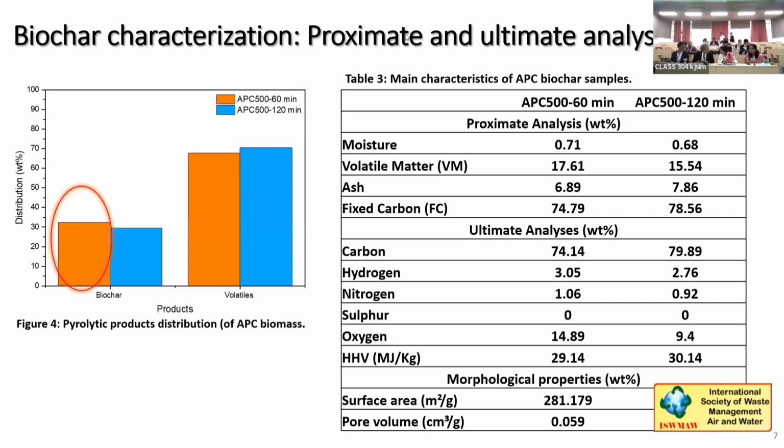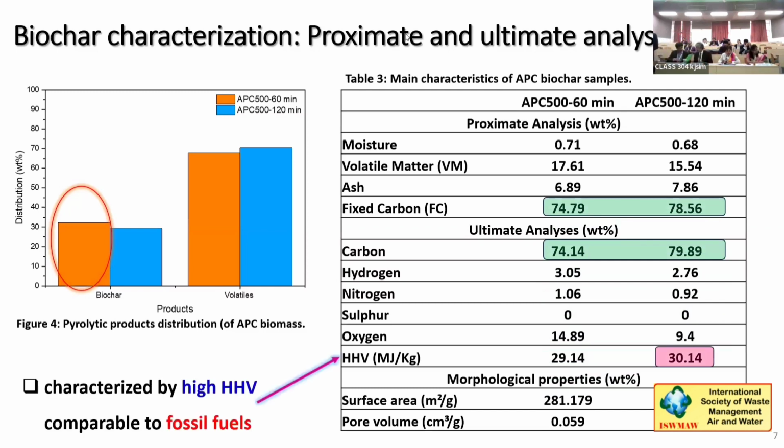And from table 3, it could be concluded that the Aleppo pine cone biochars have a high fixed carbon and very high carbon content, indicating the good stability of their structure. Also, Aleppo pine cone biochars are characterized by a high heating value comparable to fossil fuels.